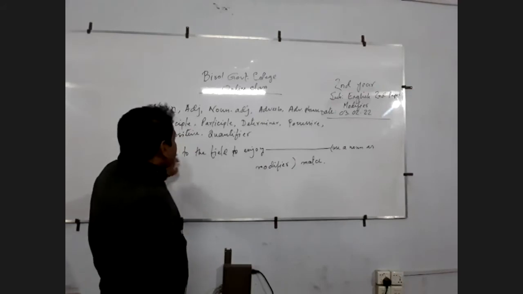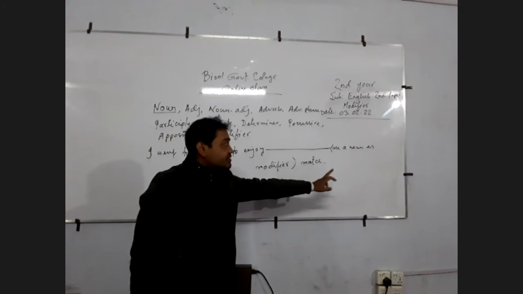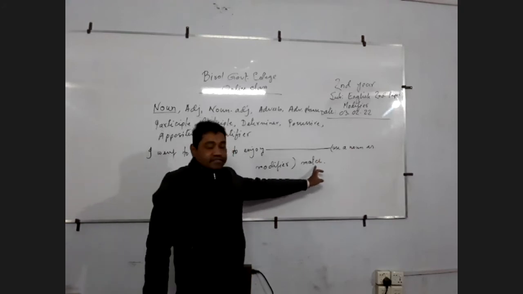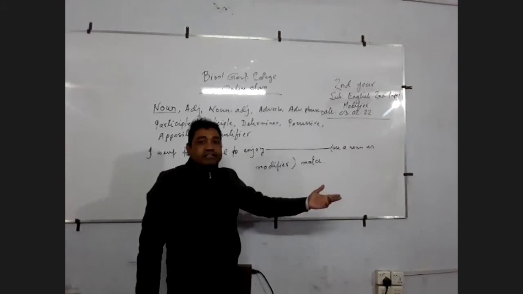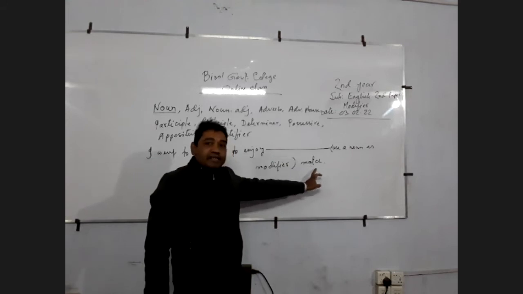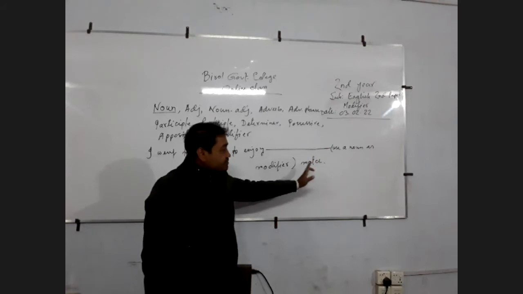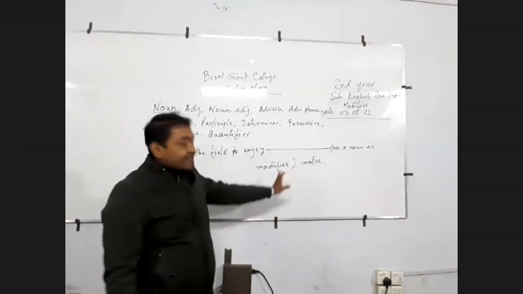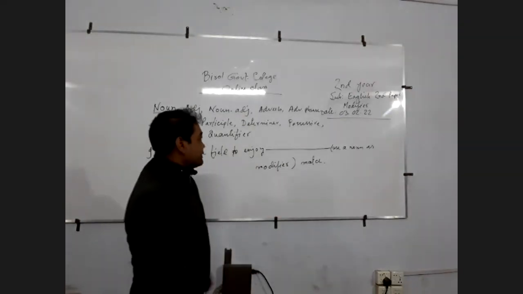The question is, I went to the field to enjoy dash. The instruction is to use a noun as modifier of the word match. That means we have to use a word that will modify this word match. Match is also a noun. When a noun is used before match, that noun is used as an adjective, and that is a modifier.